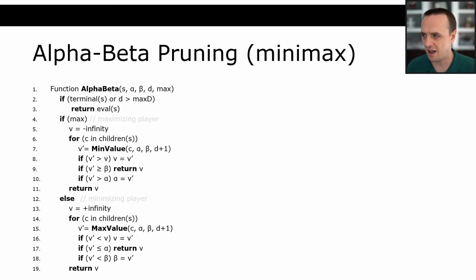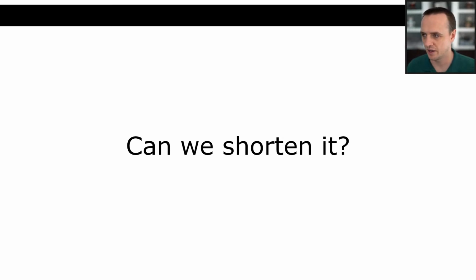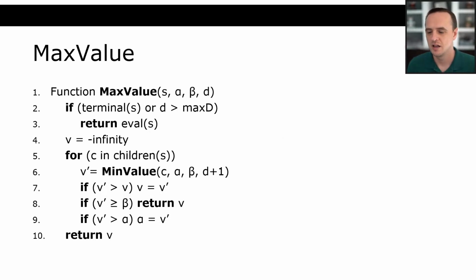I don't need to explain that conversion because it's the exact same conversion as with MiniMax. However, we are algorithm nerds. Can we do any better? Yeah, we can. So let's look at how we can shorten the alpha-beta pruning step on MiniMax. So down here, well, this is just the algorithm. We've looked at this already.